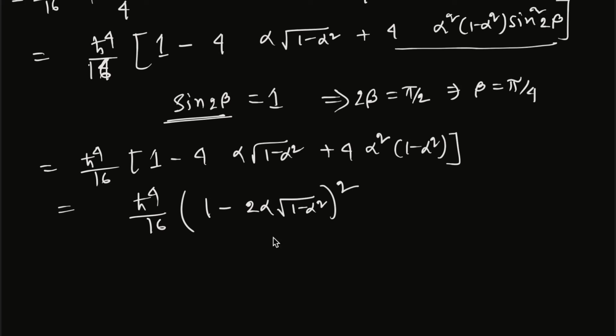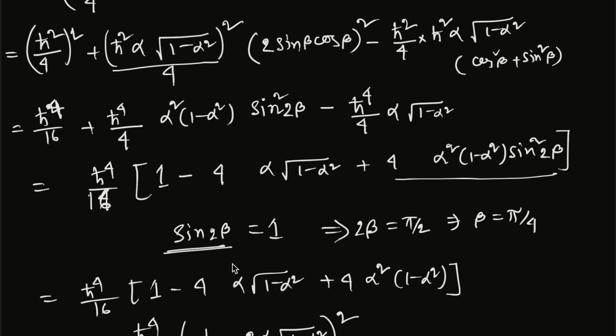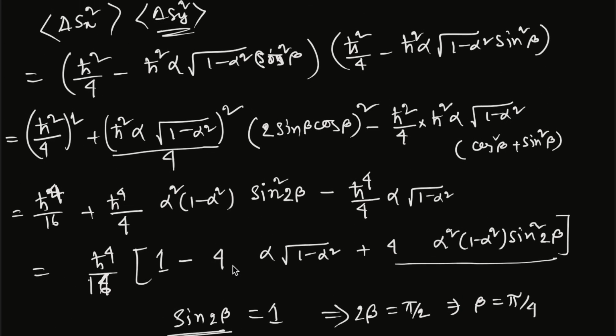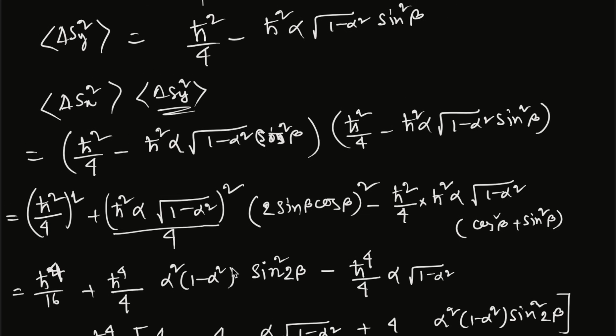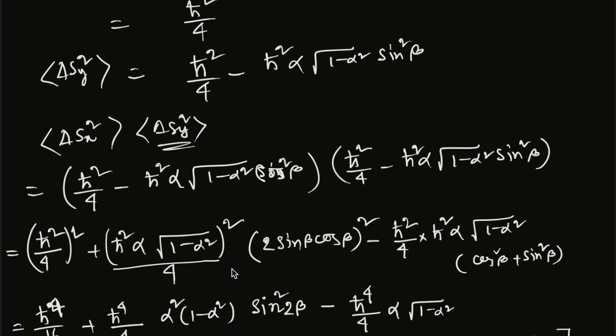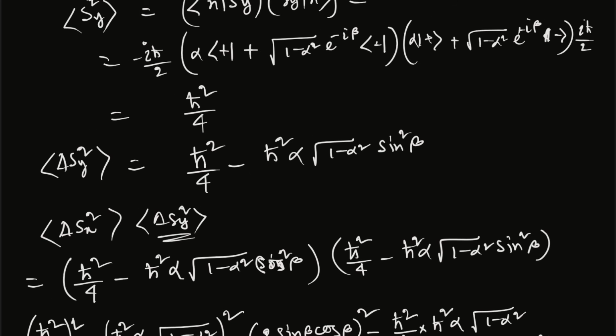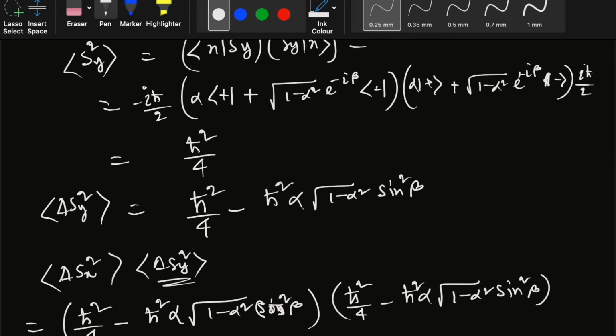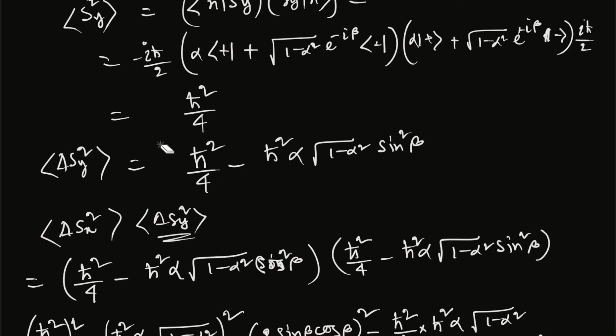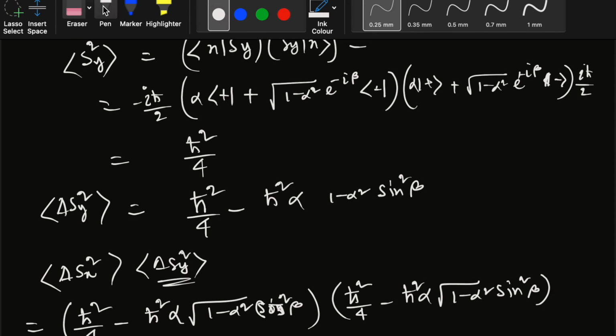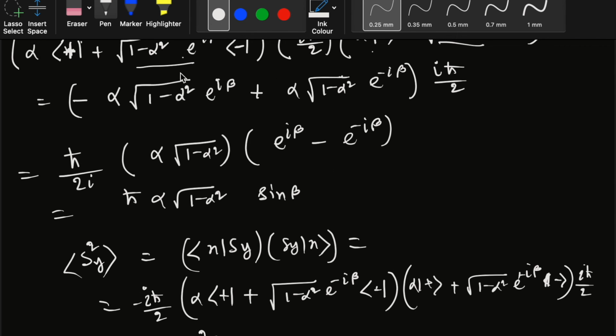Now, I think here we do one wrong thing. This will actually be alpha square, 1 alpha square, again hy square.